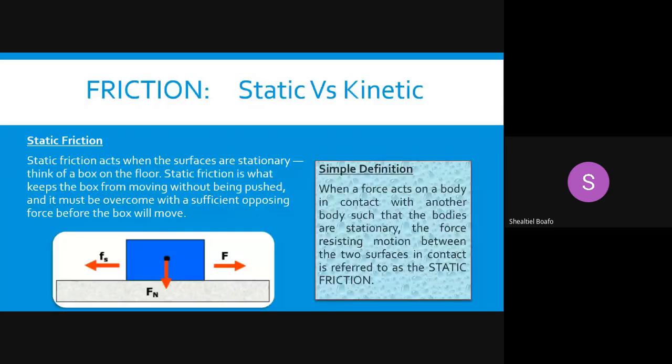Now, going back to the statement that static friction is what keeps the box from moving without being pushed, some of you get the idea that the box is just resting and there's no force acting on it. If there's no force acting on it, why would we say without moving? If something is not moving, then of course it is resisting a force.